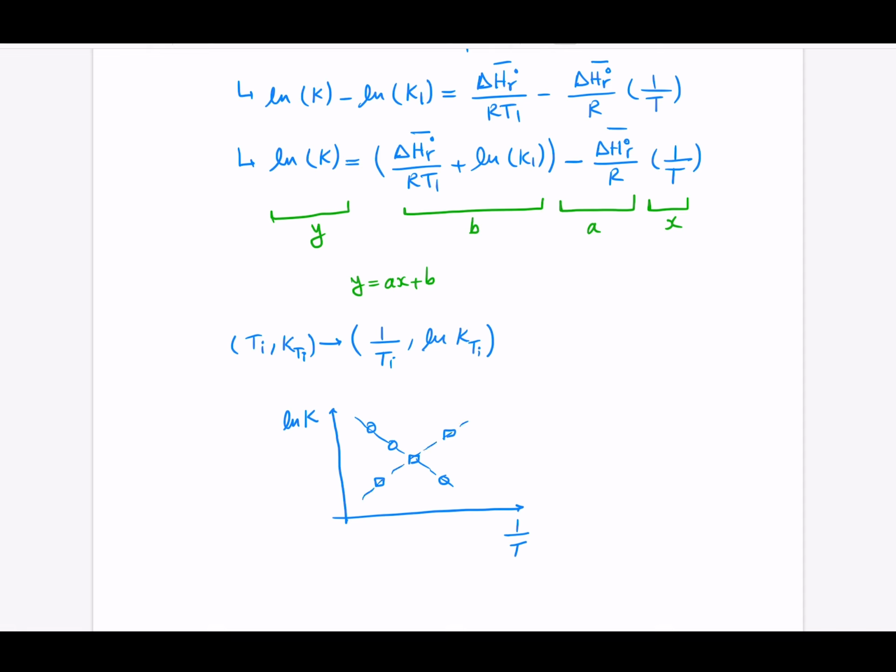And the intercept also gives us information. So this would be for an exothermic reaction. That means delta H is already negative, so this would also be negative, and then the slope would be a positive value. So this is exothermic, and this is endothermic.